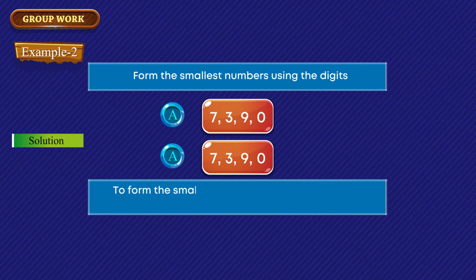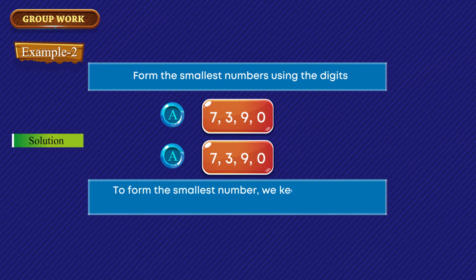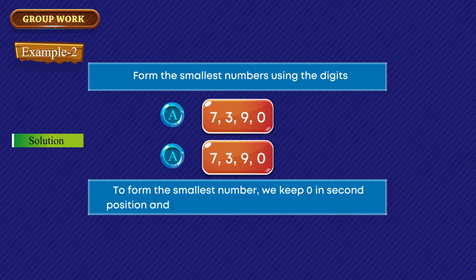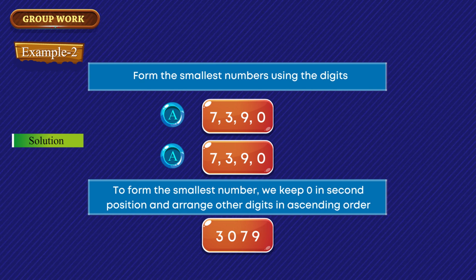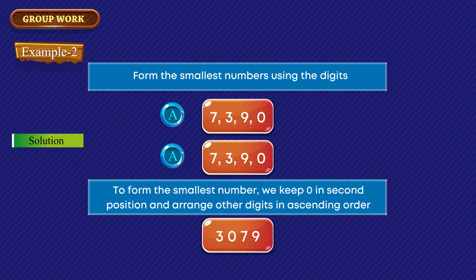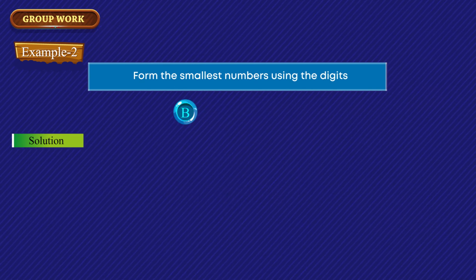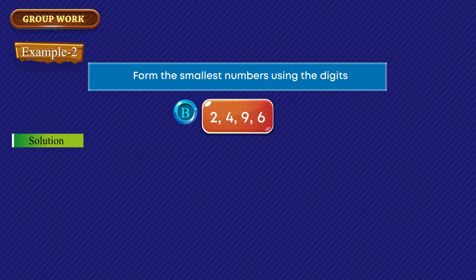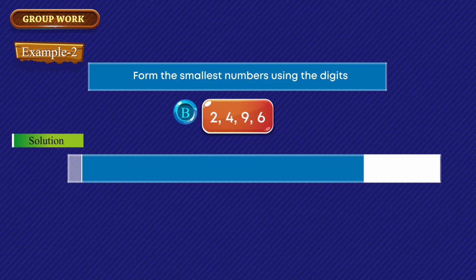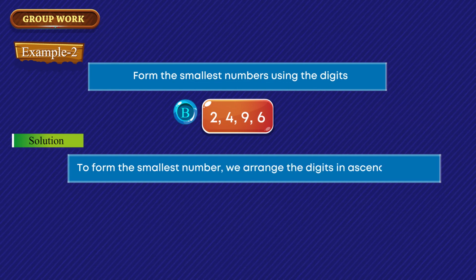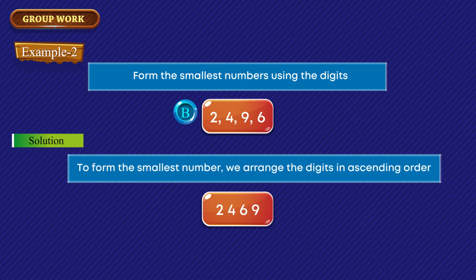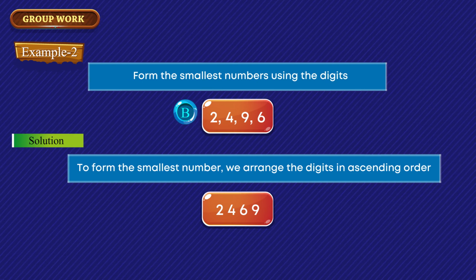To form the smallest number, we keep 0 in second position and arrange other digits in ascending order: 3079. B. 2496. To form the smallest number, we arrange the digits in ascending order: 2469.